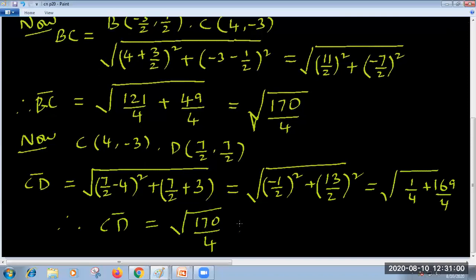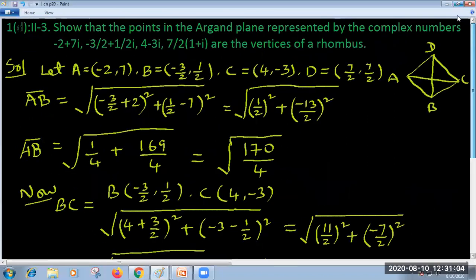So 3 sides are done. Next, the fourth side. We can calculate the fourth side by using the same formula. Now let us calculate DA. Take the point D (7/2, 7/2) and A (-2, 7).